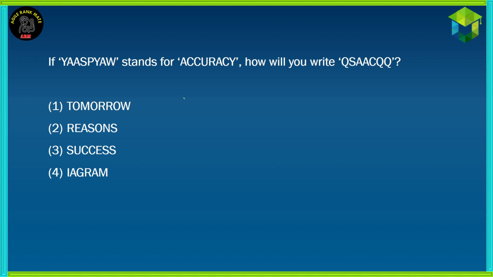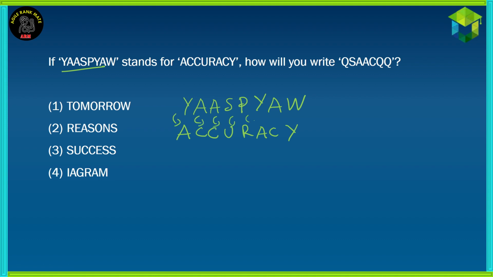Now, if we write the first term down, YAASPYAW, and according to that, if we write the others below, then we see that there is some relation between the first and the second word, because over here we see that A is being repeated, and also C is also being repeated in the second one.